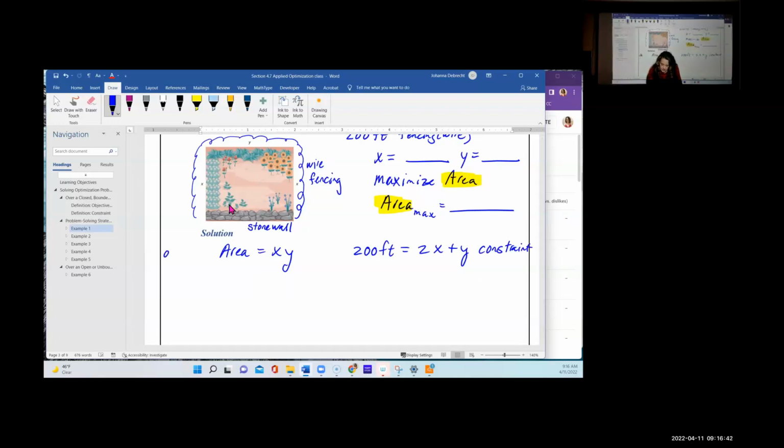This is the objective function. That's our objective to maximize the area. And we're going to solve for Y. So Y equals 200 feet minus 2X. And then we're going to take this and we're going to substitute into the objective function.